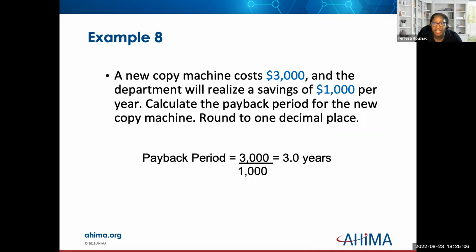You have a new copy machine that costs $3,000, and the department will realize a savings of $1,000 per year. We have to calculate the payback period for this new copy machine, rounding to 1 decimal place. Payback period: 3,000 divided by 1,000 gives you 3 years.